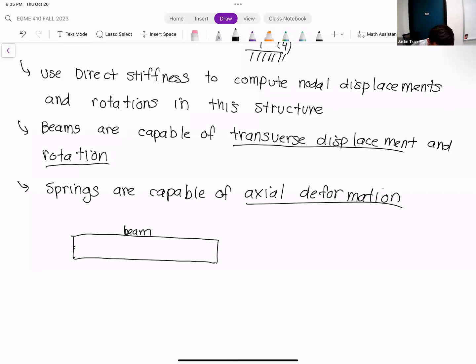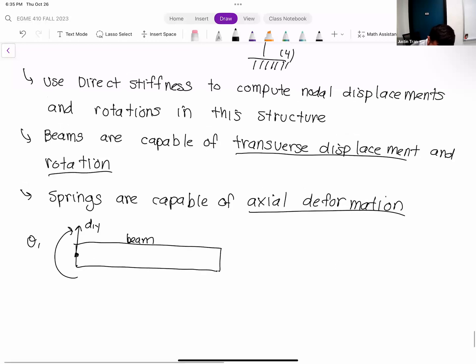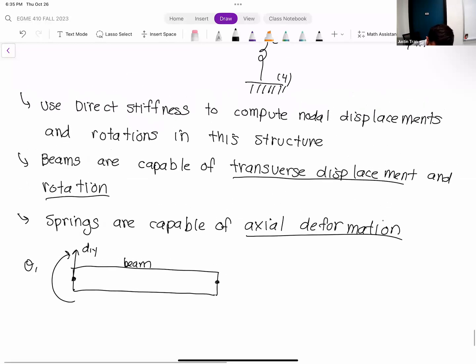We know for the beam, we have degrees of freedom that look like this: D1y, theta 1, D2y, theta 2. Now let's say that we connect this to a spring that looks like this.